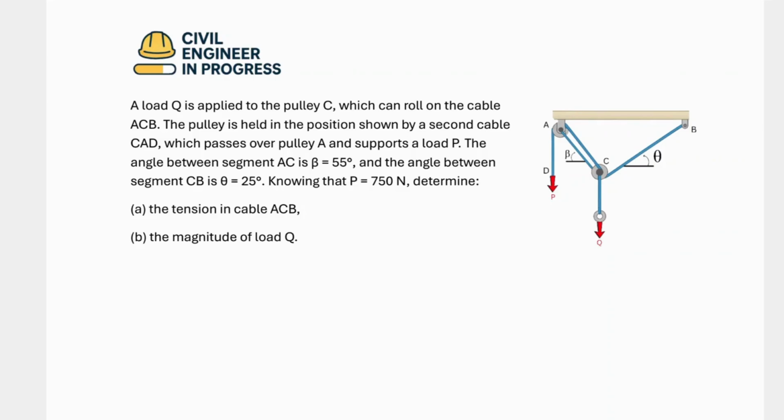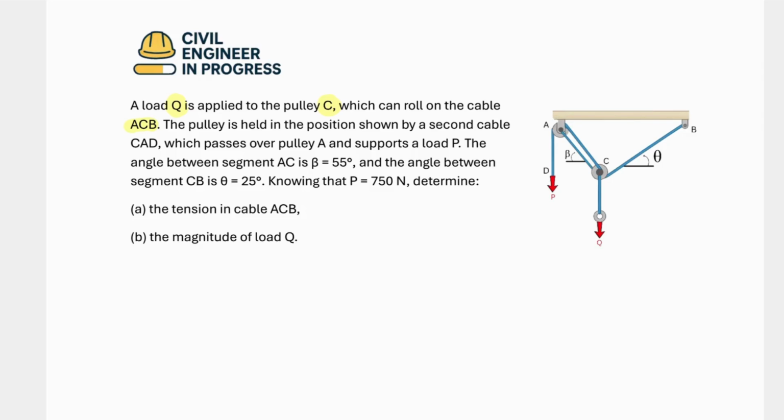In this video we're solving statics problems involving a pulley and a cable system. So we are given that a load Q is applied to the pulley C, which can roll on the cable ACB.